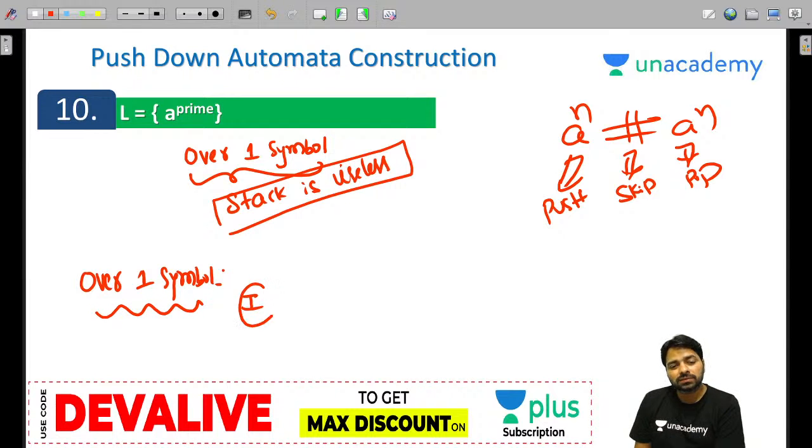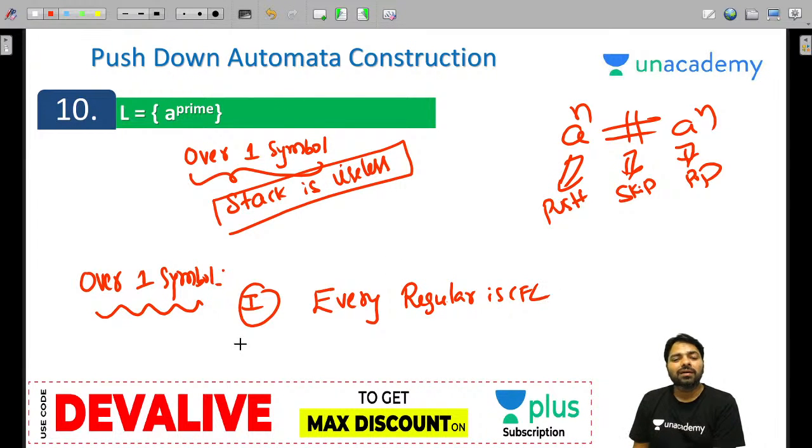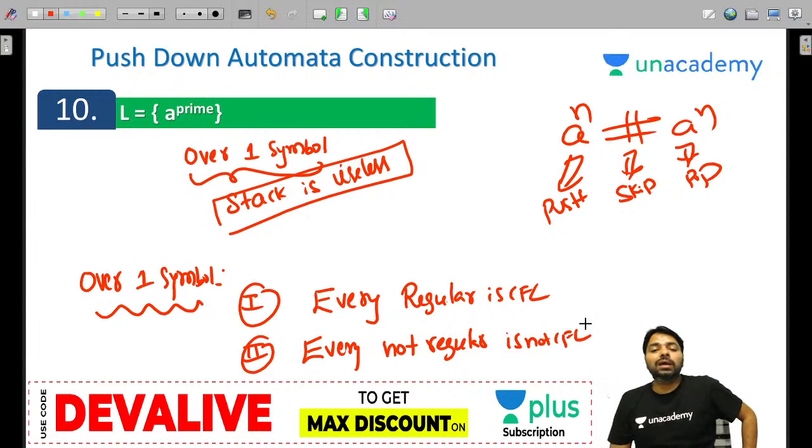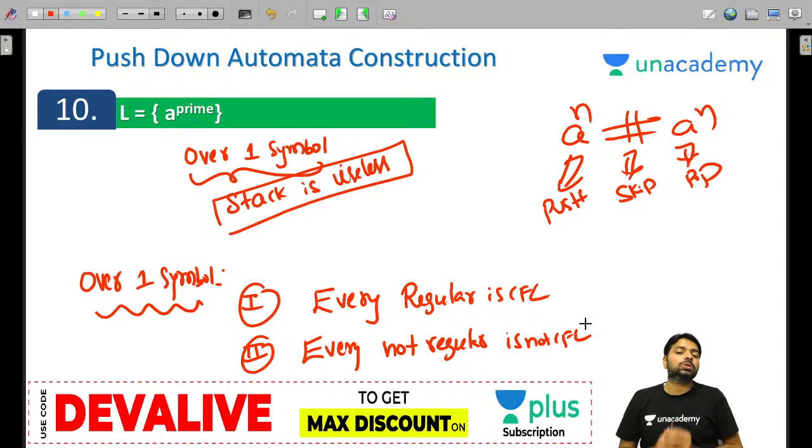Two points. Obviously every regular is CFL, and every not regular is also not CFL. That means over one symbol, regular languages and context-free languages, there is no difference in the world. Both will be the same.